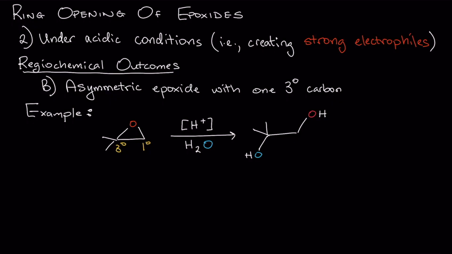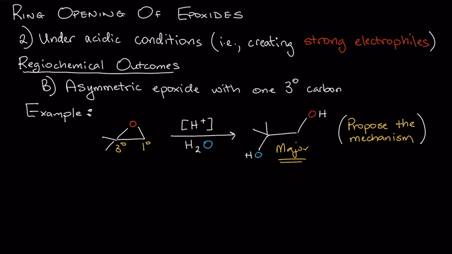So you will, once again, get your nucleophile adding on to your asymmetric epoxide. However, please note here that your nucleophile added on to the more substituted side, which is your tertiary carbon, and not your primary carbon, which is the opposite of what we would see if you had a primary versus a secondary carbon, for example.